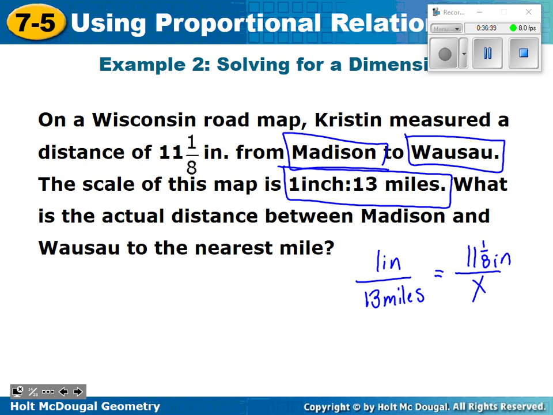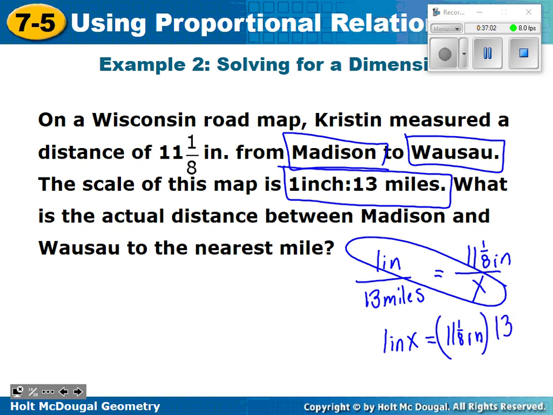Okay, so we have our calculator, which will make this a little easier. Cross multiply, but before I do, what do we know our units are going to be in our final answer? Miles, because we're in the same location. But again, I'll show you, if I were to multiply, I have 1 inch times X equals 11 1/8 inches times 13 miles.